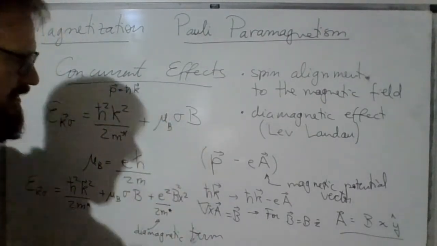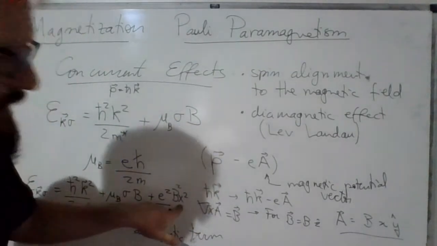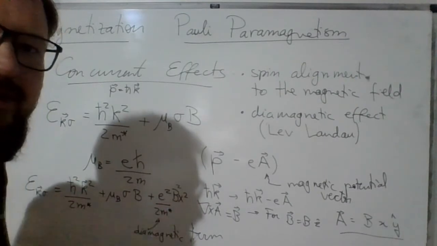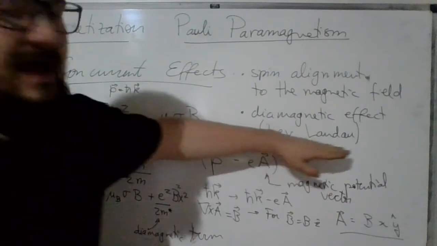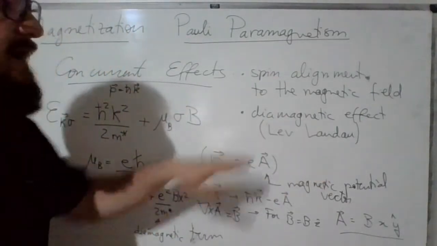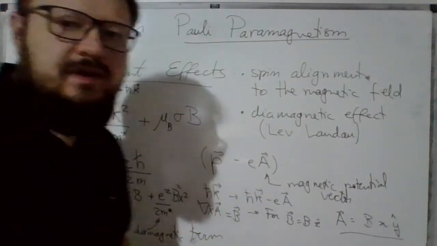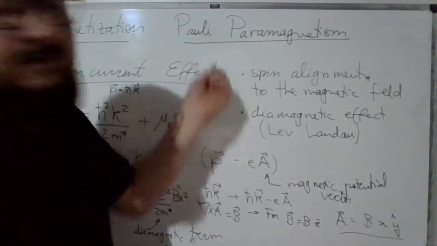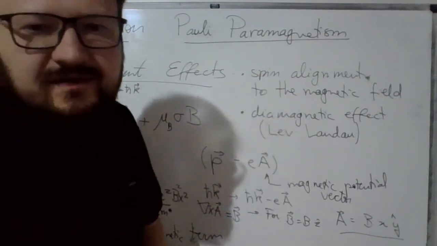Okay, but this is just for a single particle, just like a harmonic oscillator potential in the presence of a magnetic field. As I mentioned, Lev Landau solved that problem and found the so-called Landau orbits. So for the Fermi gas, you need to take into account the spin and the diamagnetic effect.